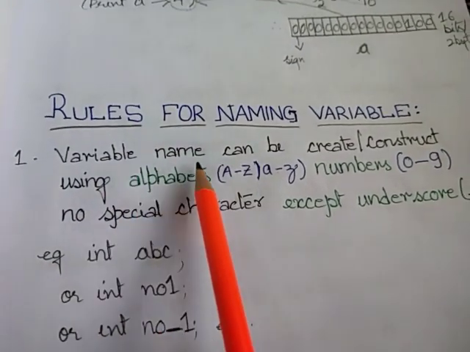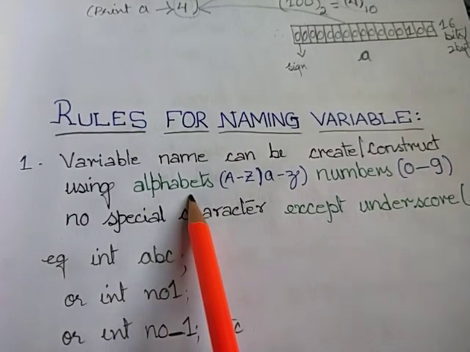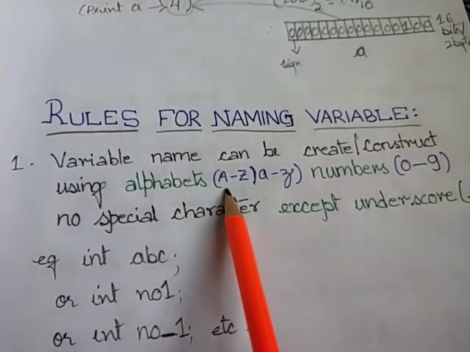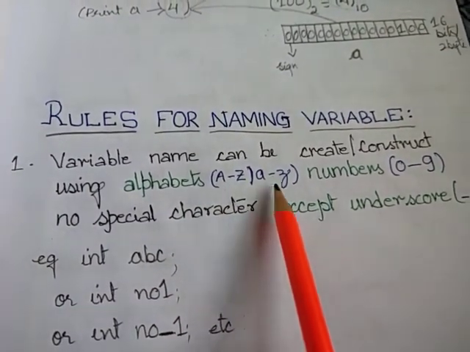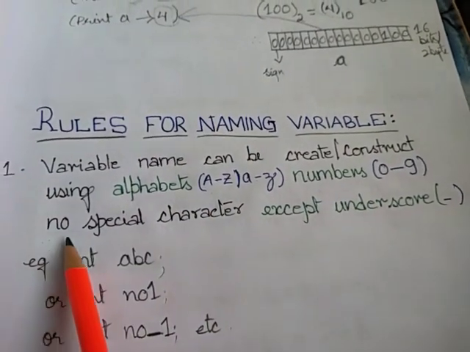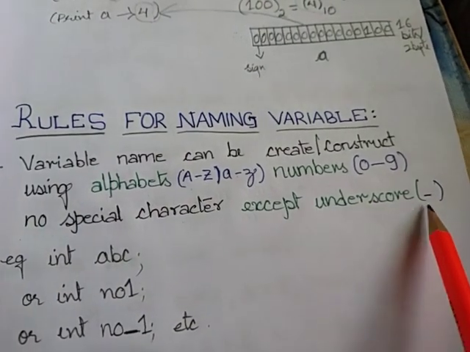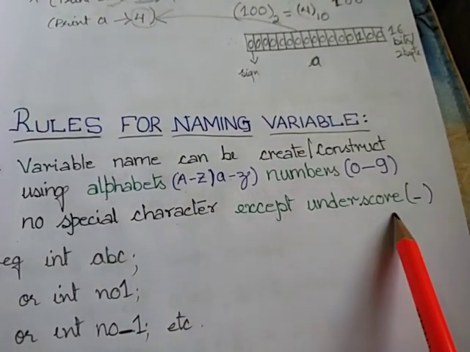The variable name can be created or constructed using alphabets, that is both capital letters and small letters. You can use numbers as well, but no special character except the underscore. Not a minus sign, but the underscore.